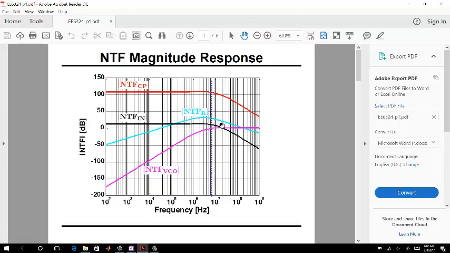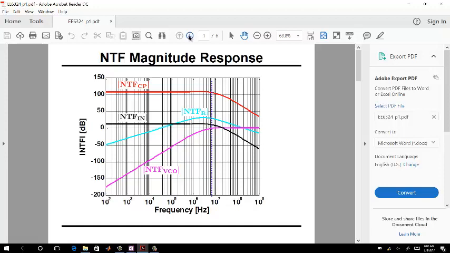The important thing to note is that NTF of charge pump and NTF of input are both low pass transfer functions, whereas the NTF of the VCO is a high pass transfer function. And these two are related, they are not independent. If you move the low pass bandwidth in, the high pass bandwidth will also move in. So you will be increasing one noise contribution if you change the bandwidth with respect to the other. This is where I said that you need to find an optimum bandwidth for an optimum jitter.